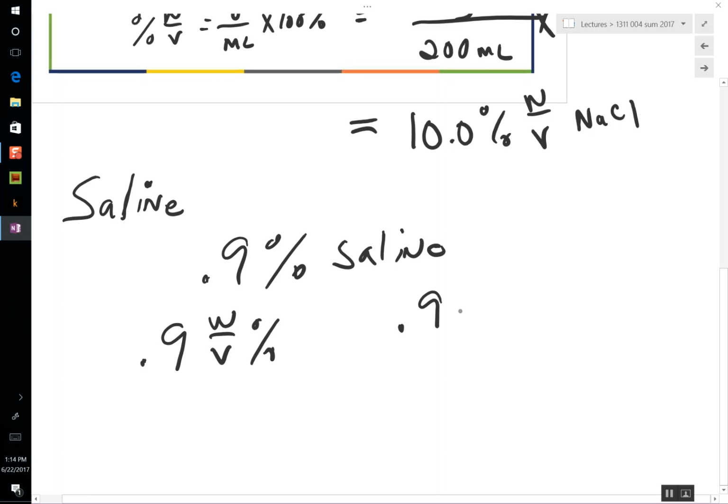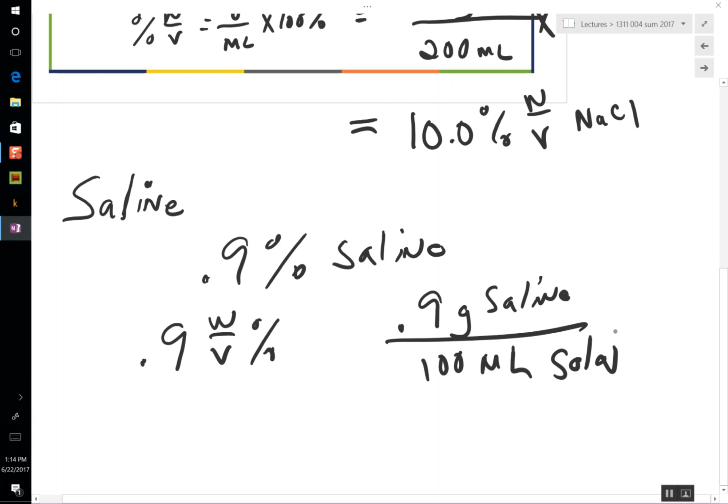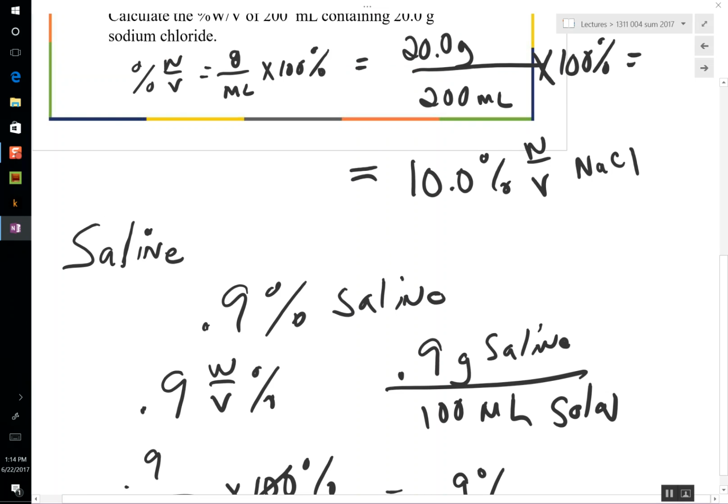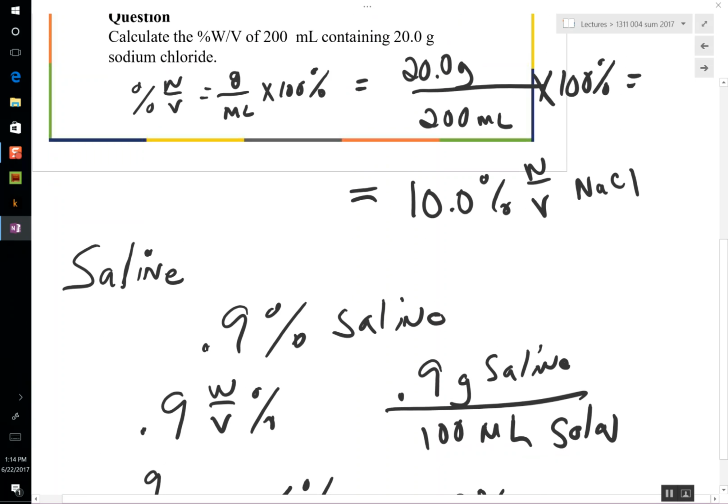It's 0.9 grams of saline per 100 milliliters of solution. 0.9 per 100 milliliters times 100% is a 0.9% solution. And, okay, is everybody kind of on stream here? Why do they do this?